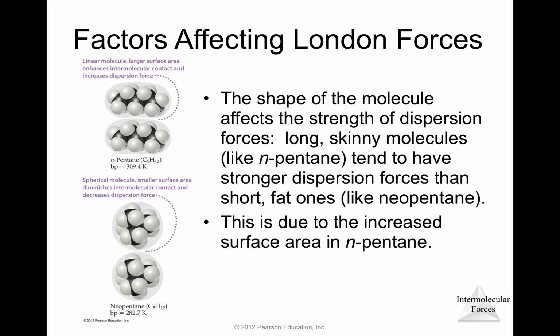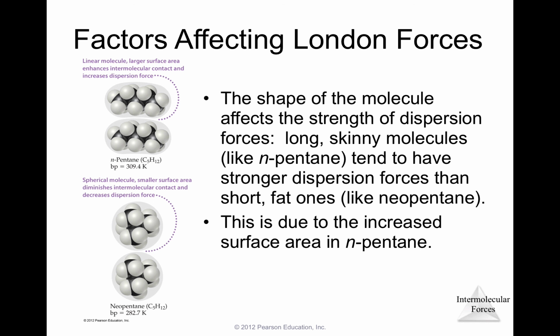So there's always London forces or this induced dipole anytime you have a polar molecule or nonpolar molecule, you have this warping of electron clouds. You have this tug between the molecules.